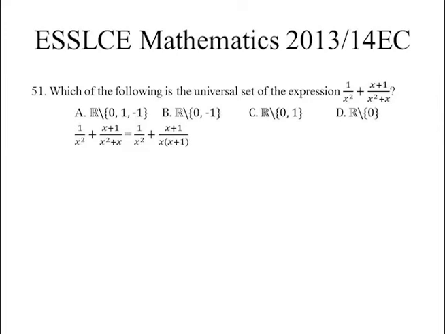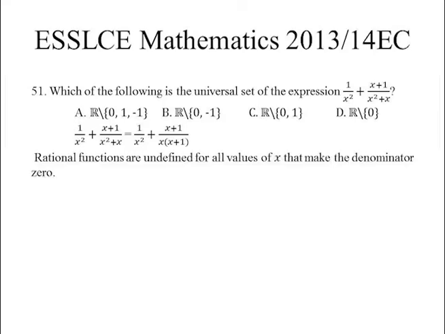This is a rational expression or rational function. Rational functions are undefined for all values of x that make the denominator 0. Meaning, for the first expression, x squared should be different from 0. This implies x should be different from 0. And for the second expression, x times x plus 1 should be different from 0.